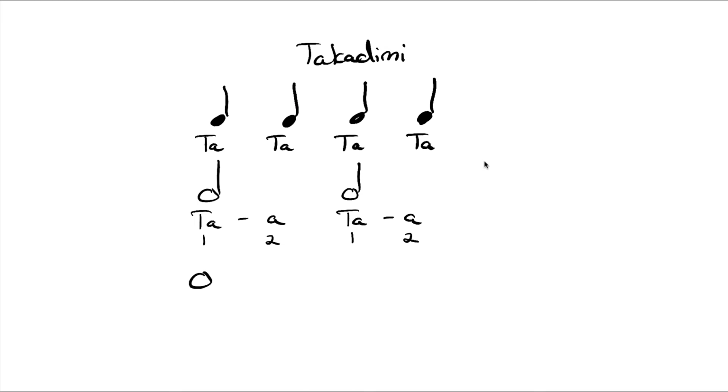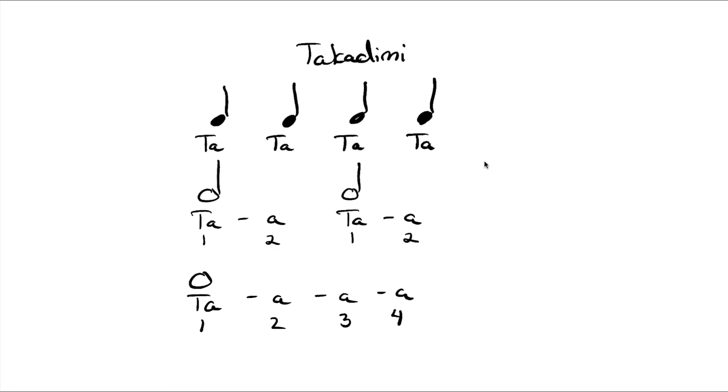Then we're going to go down to a whole note. Whole notes get 4 beats. So it's going to go ta, ah, ah, ah. 1, 2, 3, 4. You'll hold that out for that whole 4 beats.